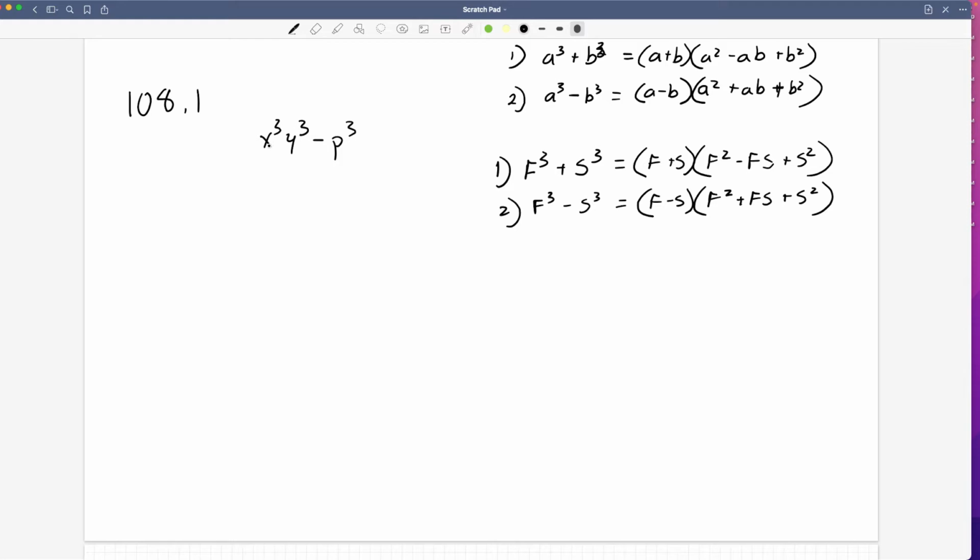So this is the first thing. This is a minus, so we're going to use form 2.